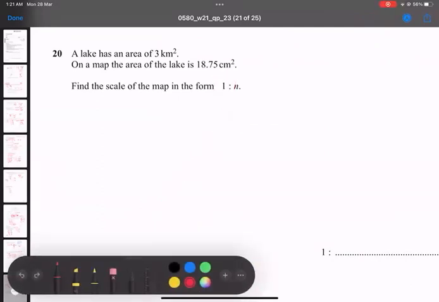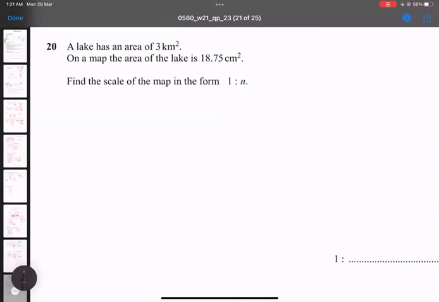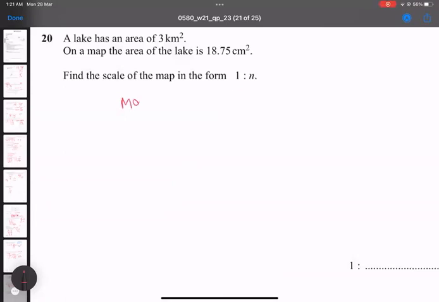So I will write here: map, and scale here: real. The map is 18.75, and real we have 3 kilometers squared, and this is centimeter squared.